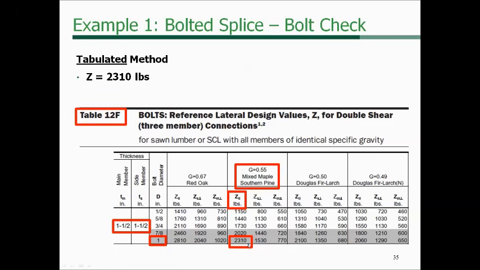We see that capacity's 2310. We round to the nearest 10 pounds in this table. And so, again, we talked earlier about different configurations where you might have cases where the side member is loaded perpendicular to grain or the main member loaded perpendicular to grain. Again, we've tabulated those for you, but in this particular case, we've got a value of 2310.